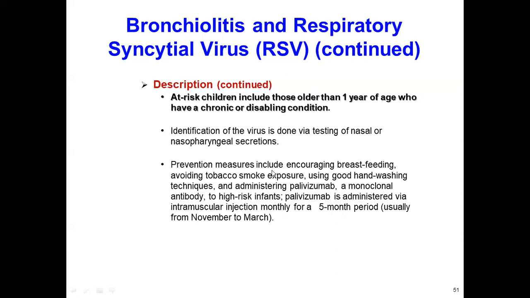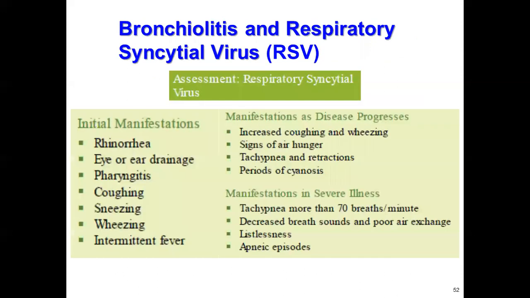Prevention measures include encouraging breastfeeding, avoiding tobacco smoke exposure, using good hand washing, and also administering palivizumab, a monoclonal antibody, to high-risk infants via intramuscular injection. It is an antiviral, because it's a virus.